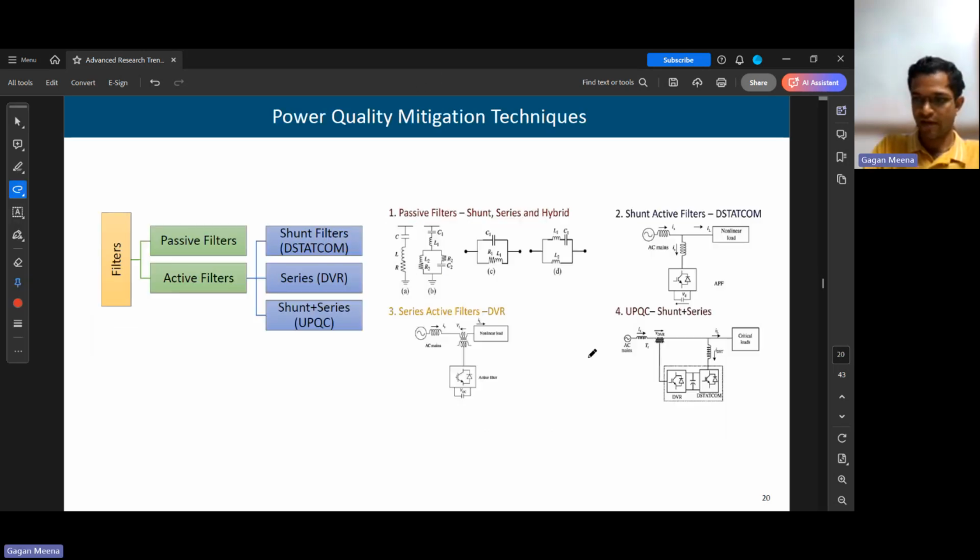Okay, let us move ahead now. Now, this is what we say mitigation.